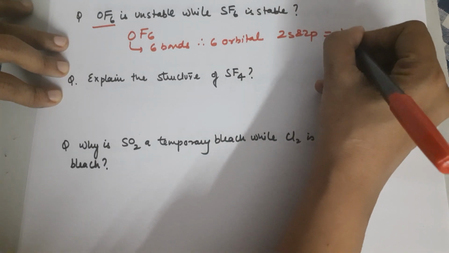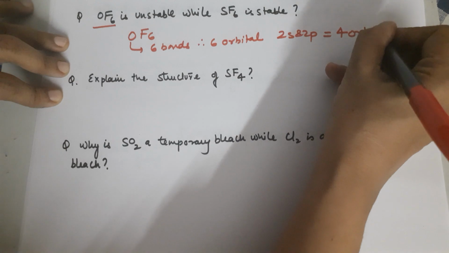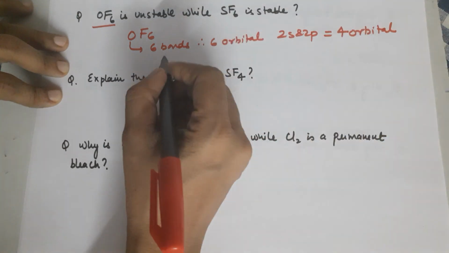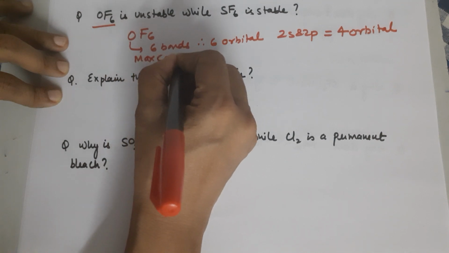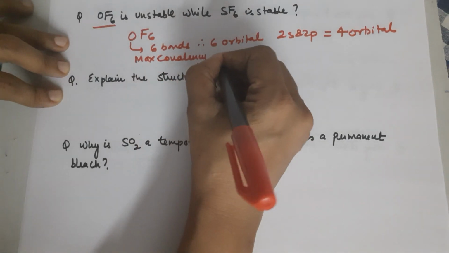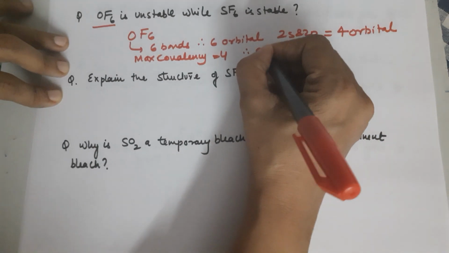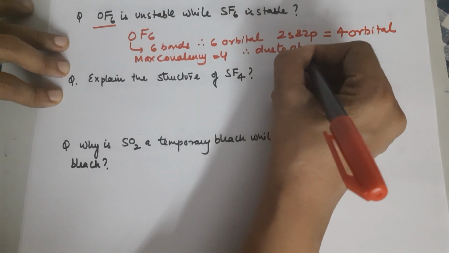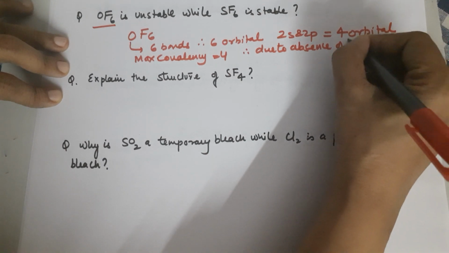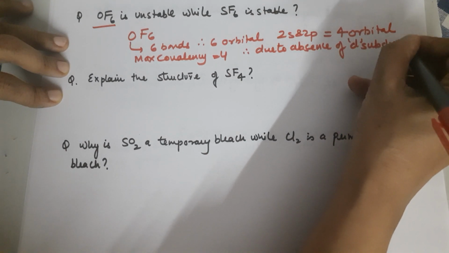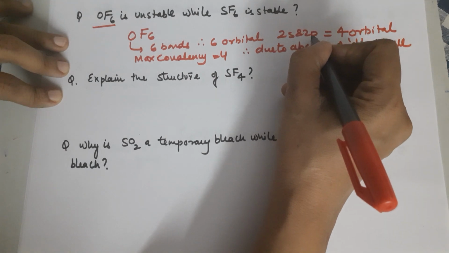Therefore, total orbitals is only 4. Being the first member of the second period, it has maximum covalency equal to 4. Therefore, due to absence of d orbitals, or the d subshell, as you very well know, there is nothing called 2d which can exist.